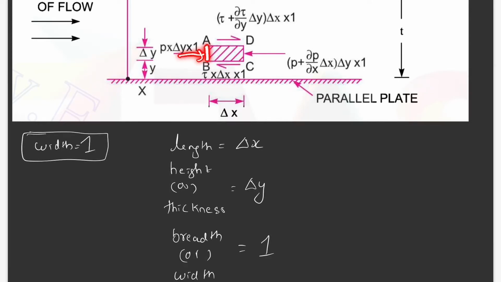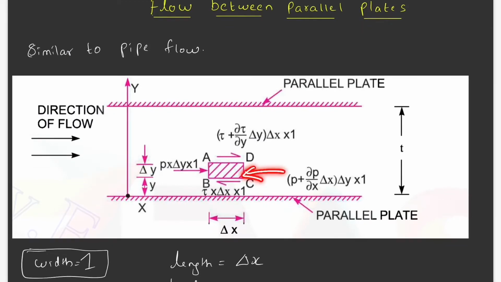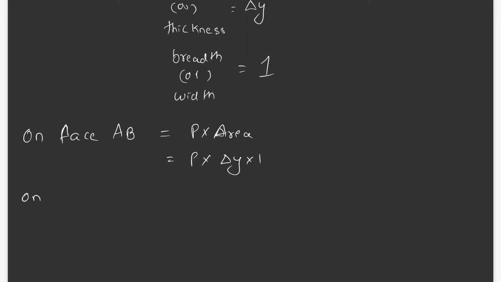Since the thickness is delta y and we are assuming the breadth as 1, we have area as delta y into 1. Similarly on this face, so on face CD it is P plus dou P by dou x into delta x into delta y into 1.